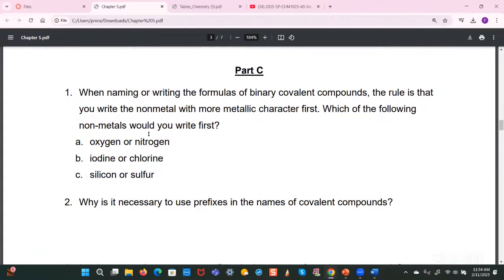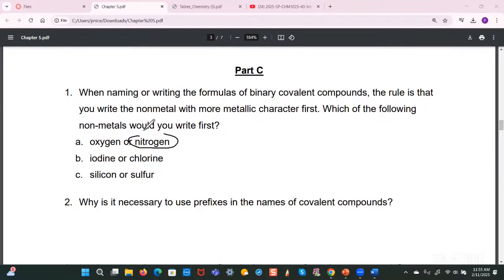Which of the non-metals would you write first? The first one is oxygen or nitrogen. You'd have to refer to that table that I showed you earlier. Which one is less electronegative? The nitrogen. So the answer for this one would be the nitrogen. I will just circle that one.